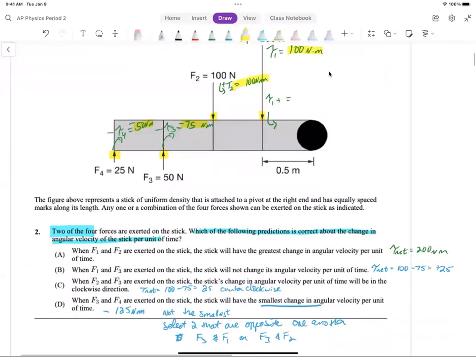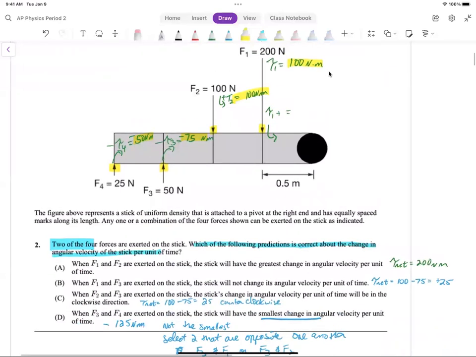Now, two of the four forces will be put on this object at one particular time. So if I have force 1 and 2 exerted on the stick, will that have the greatest change in angular momentum? Well, torque times some period of time equals the change in angular momentum. So which one has the greatest torque?